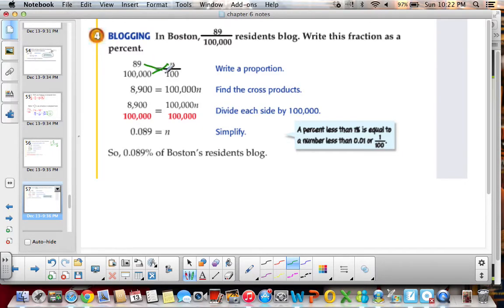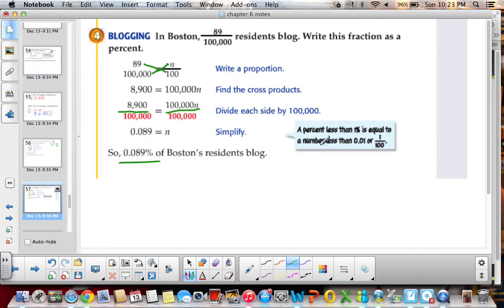So 89 times 100 would be 8,900. 100,000 times n is 100,000n. And then we need to divide both sides by 100,000 to get n alone. So 8,900 divided by 100,000 is 0.089.